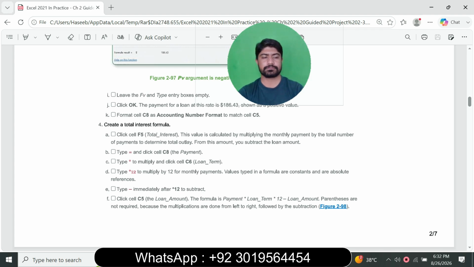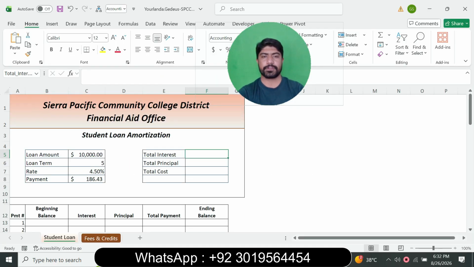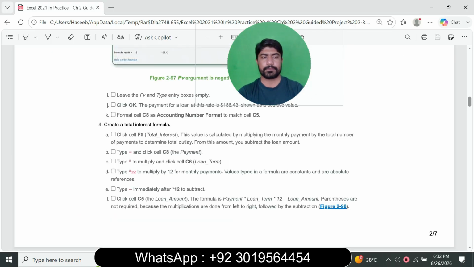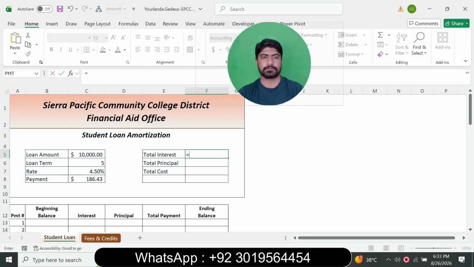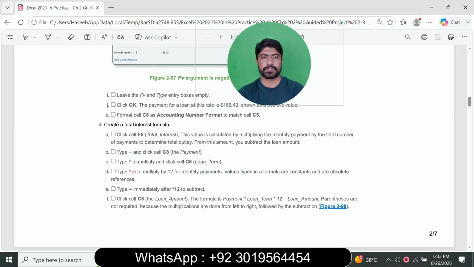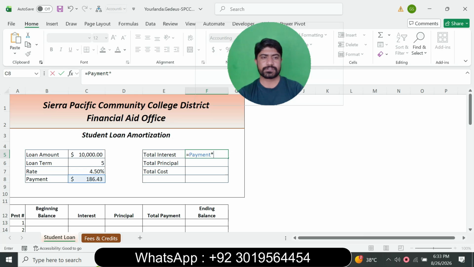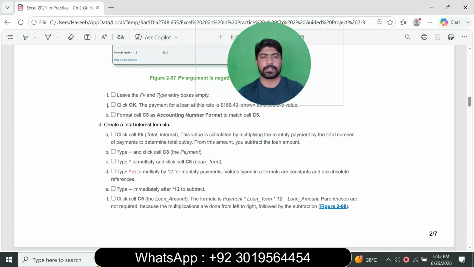Type is equal to, and click cell C8, the payment, multiply by cell C6, the loan term, multiply by 12.